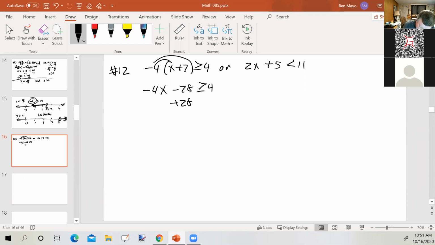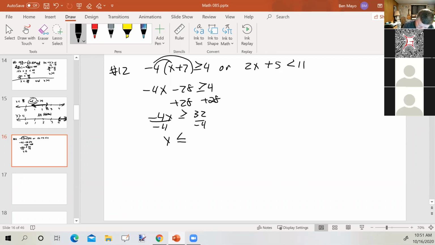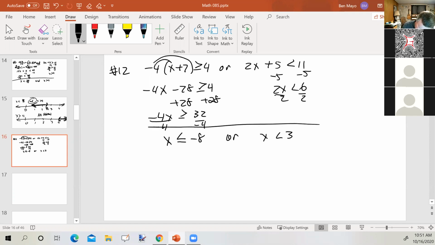I'm going to add 28 to both sides. -4x greater than or equal to 32. Divide both sides by -4, so I turn the inequality symbol around. x less than or equal to -8. The right side inequality, subtract 5, and we get 2x less than 6. Divide by 2: x less than 3, and it said or, so we want the union.